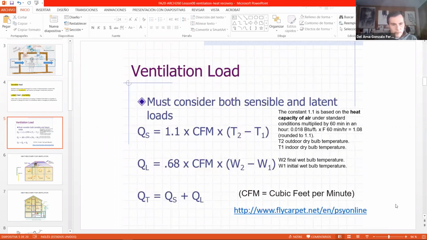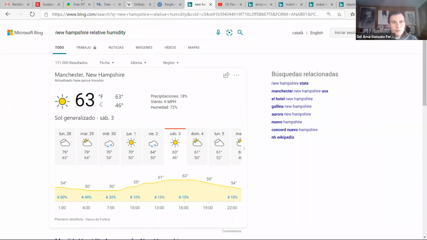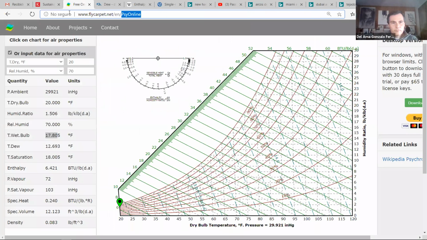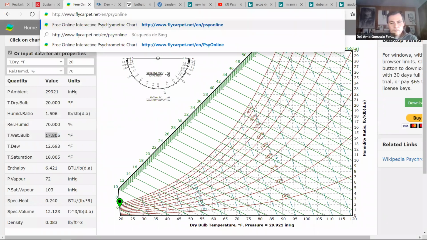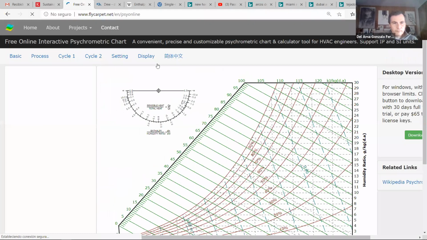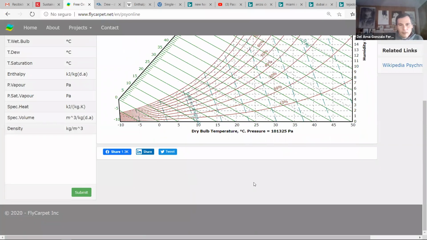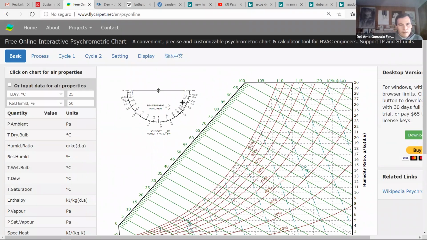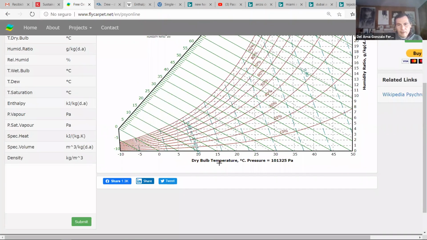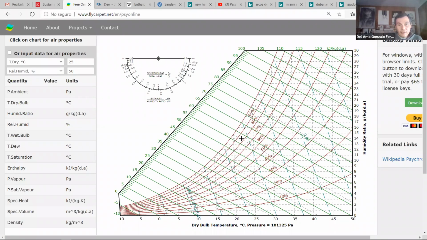If you copy this link into your browser, we are on this website, and here we have a digital online psychrometric chart.